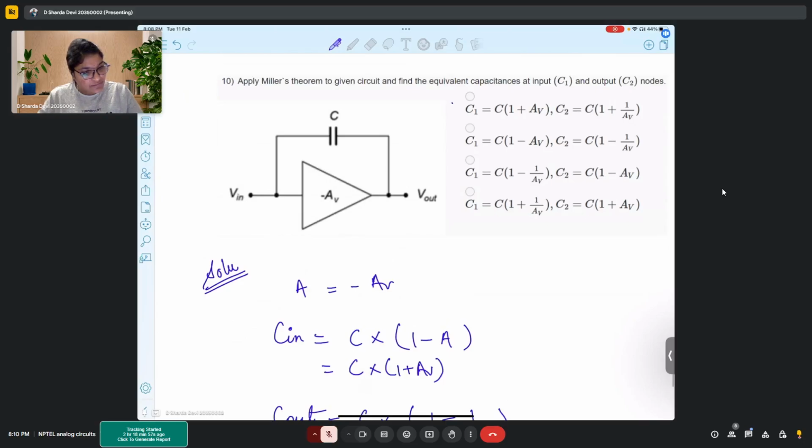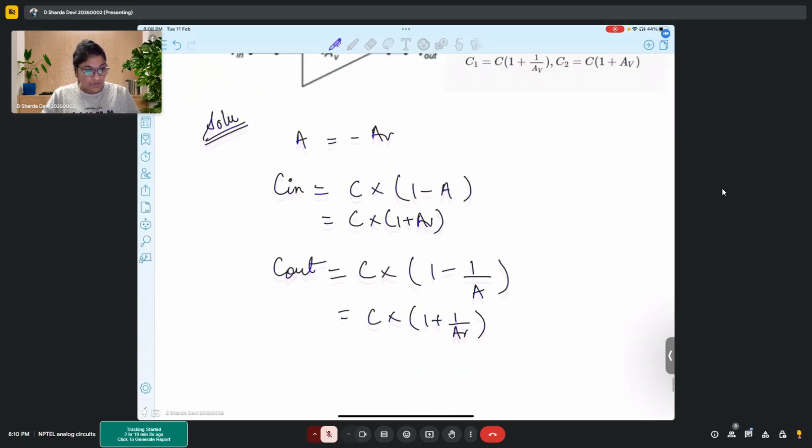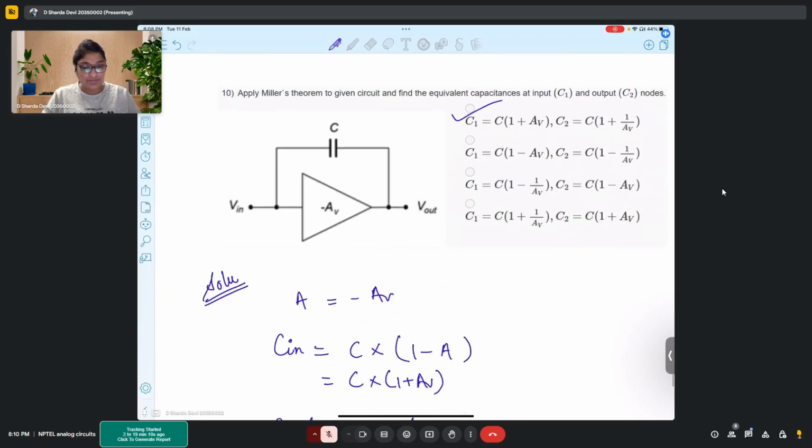So this is option A, correct? This is directly from the last problem. So these are the problems for today. I'm done from my side. If you have any doubts, feel free to ask.